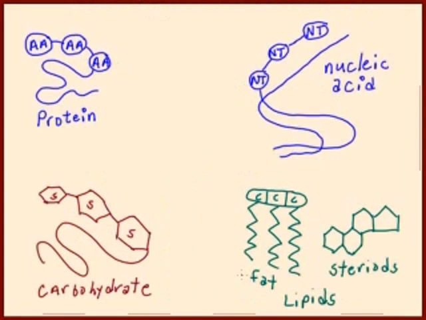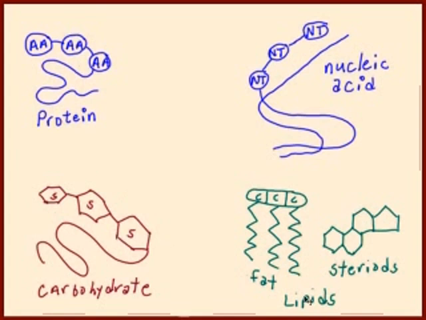Okay. And so, in the human body, there are several of these very large molecules. We have proteins, which are long strings of amino acids. We have nucleic acids, which are long strings of nucleotides. We have carbohydrates, which are long strings of sugars.